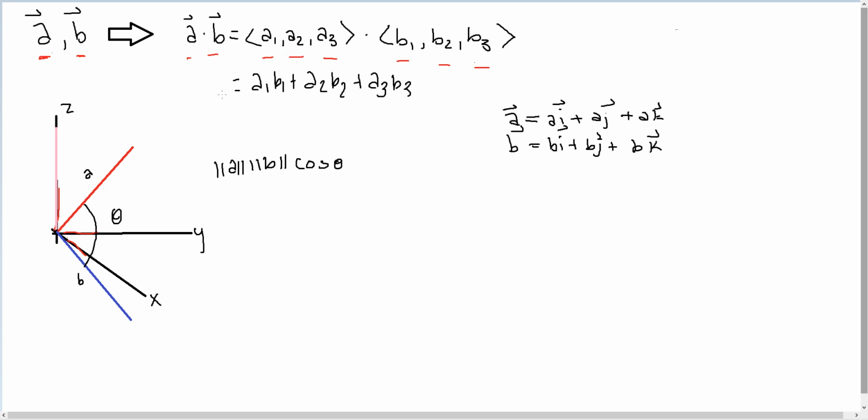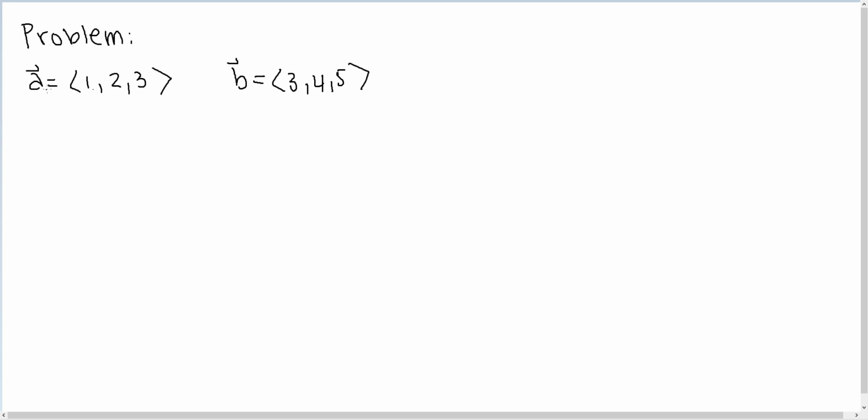So now let's try a problem. We have the vector A, 1, 2, 3, and the vector B, 3, 4, 5. We want to find the dot product between the two vectors. So A dot B is equal to A1 B1 plus A2 B2 plus A3 B3.